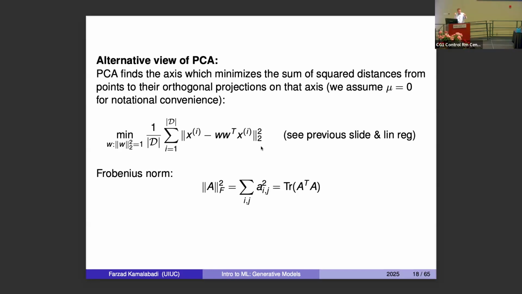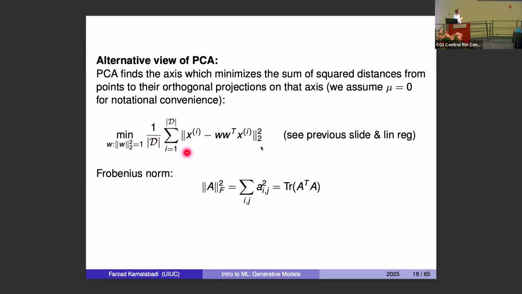It's different. So there's a subtle but important difference, okay? So we are minimizing the sum of squared distances from points to their orthogonal projections, okay? And how do we go through the derivation? So this is the way it's written, okay?